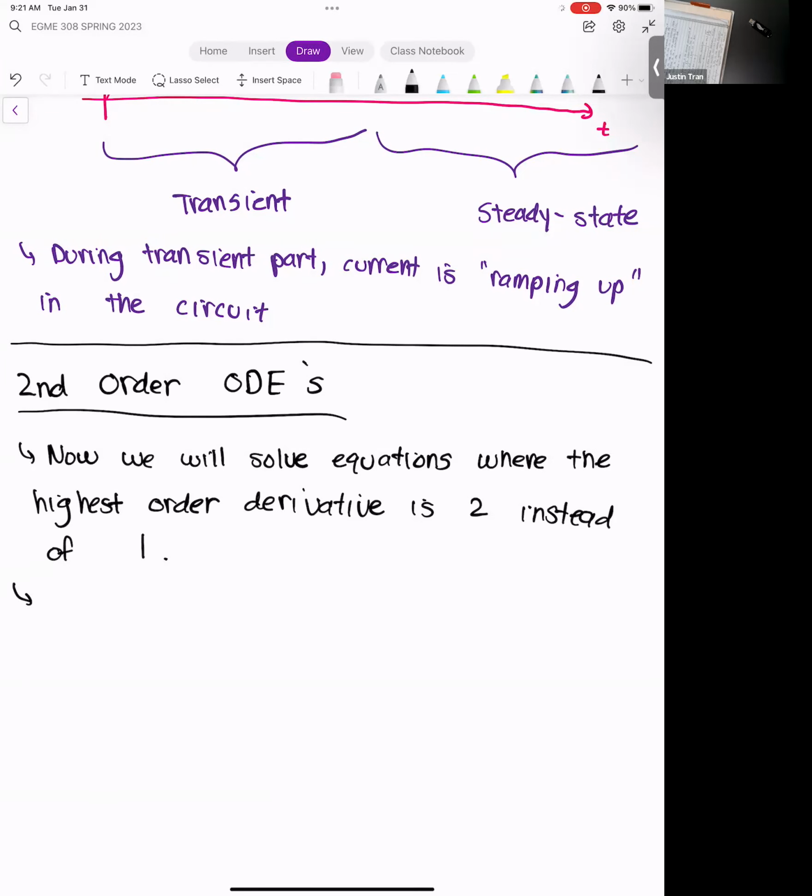Because second order equations can be a lot more complicated, we're going to restrict it a little bit. When we talked about first order equations, we dealt with nonlinear cases with the separation of variables. But for second order differential equations, we're only really going to be dealing with linear situations.